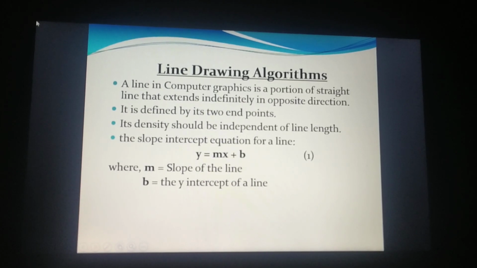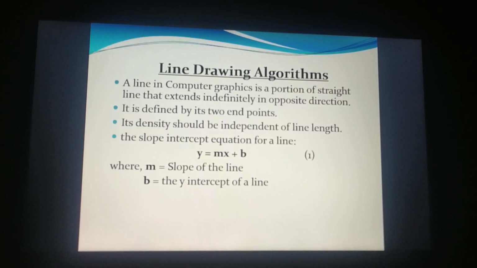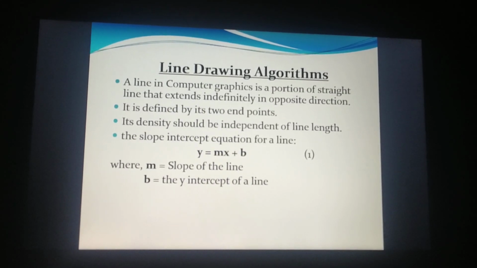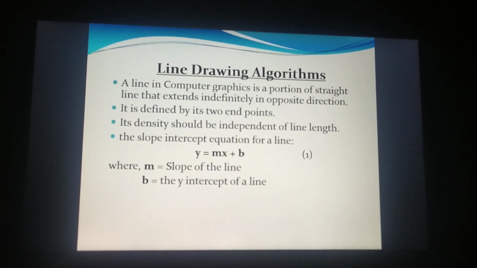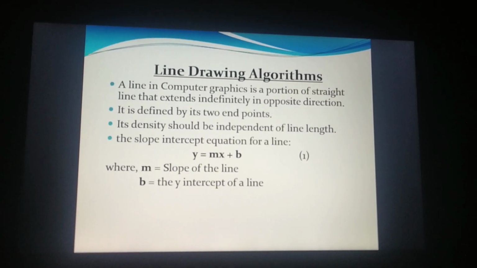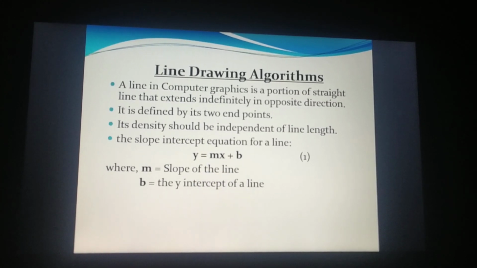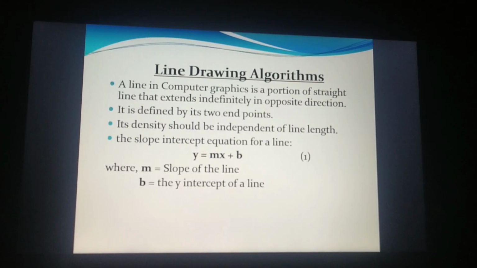Line drawing algorithms. A line in computer graphics is a portion of a straight line that extends indefinitely in opposite directions. It is defined by its two endpoints. Its density should be independent of line length. The slope-intercept equation for a line is y equals mx plus b, where m is the slope of the line and b is the y-intercept of the line.